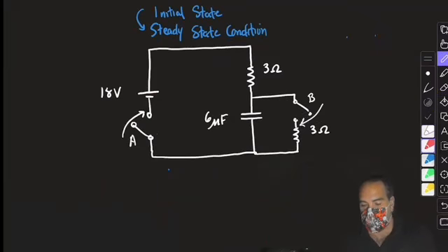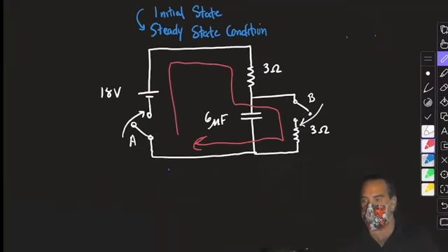When I look at the long term, I see this loop as the only loop with current. And in that loop, there'll be 2 voltage drops, one across each resistor. In that loop, the total resistance is 6 ohms, which generates a current of 3 amps.